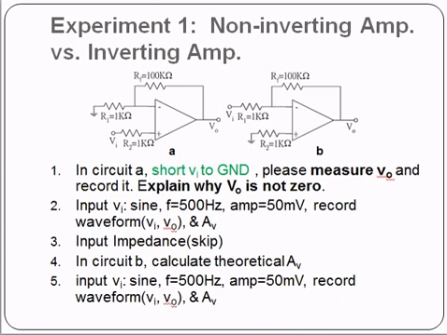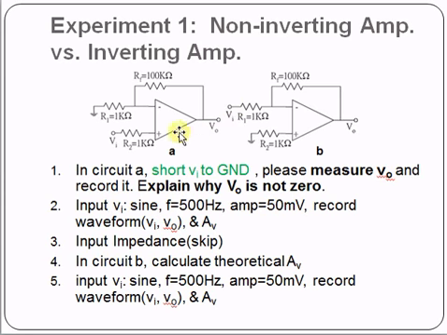Experiment 1. We'll explore several basic characteristics of the non-inverting and inverting amp. Step 1. Construct the circuit A and short VI to ground. Record Vout. You'll find the output Vout is not 0. Explain why.